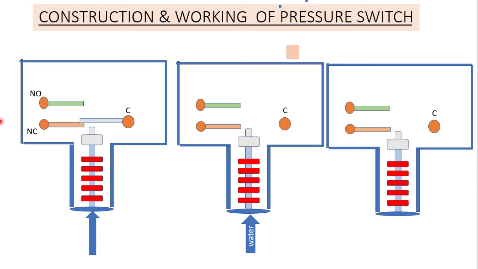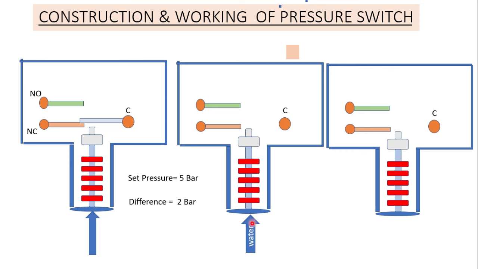Initially this is the form. Suppose here we set this pressure switch at 5 bar and the difference at 2 bar. Now in this stage, water is entering inside it, meaning this is connected at, suppose, a pump discharge.